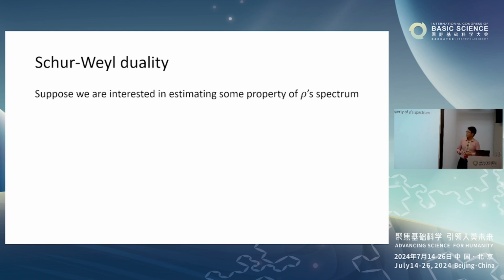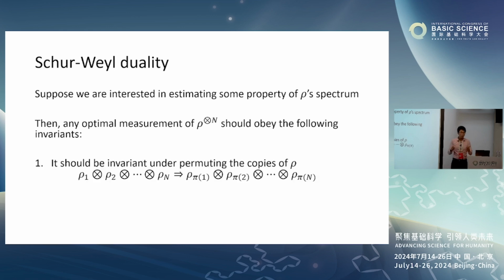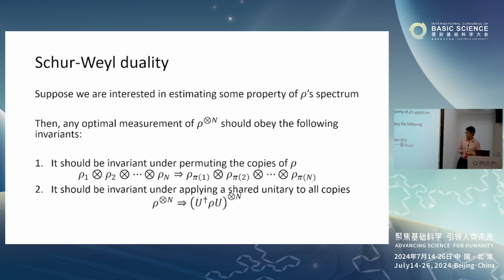Okay? Then if I design a measurement of rho tensor n, it should obey the following 2 properties. First, it shouldn't care if I permute the copies of rho, right? Because rho tensor n, if I permute the n copies of rho, is the same object as before. So whatever measurement should be invariant under this sort of group action.